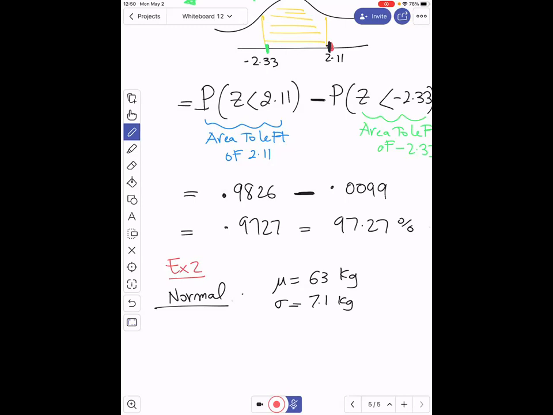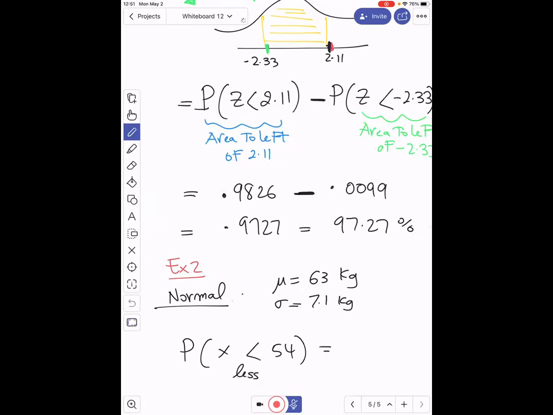So you want to find the probability that X, which represents the weight in kilograms, is less than 54, okay?